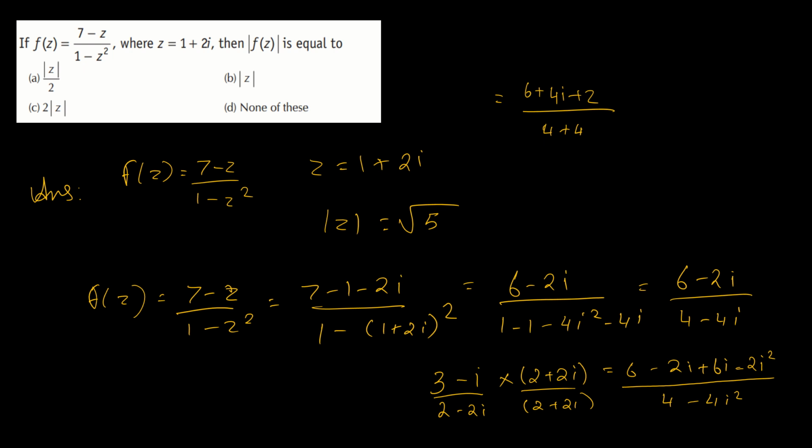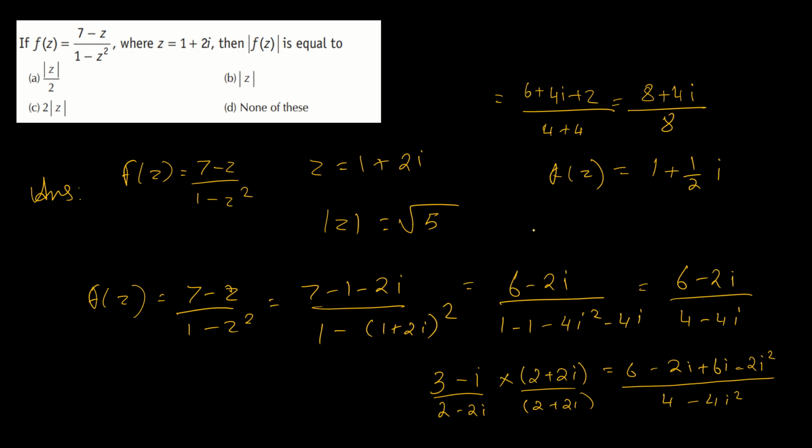After substitution, we get (8 plus 4i) divided by 8. That is 1 plus 1 by 2 i. Okay, that is our f of z.